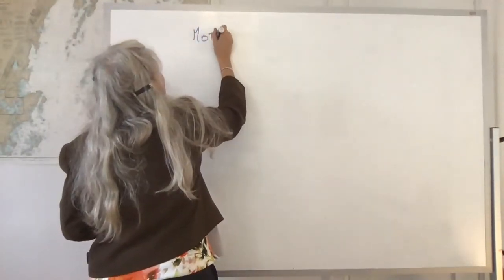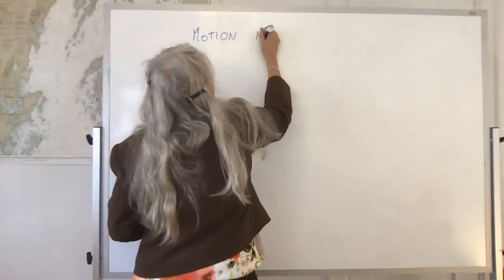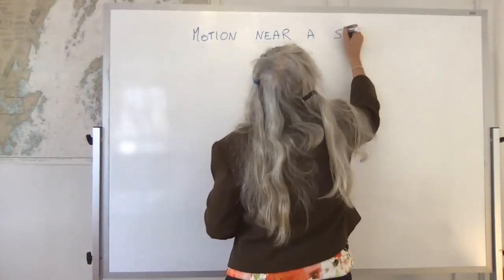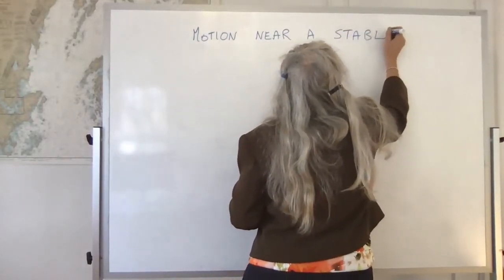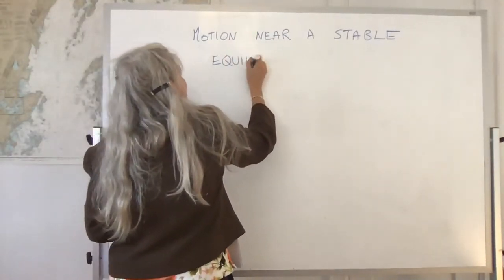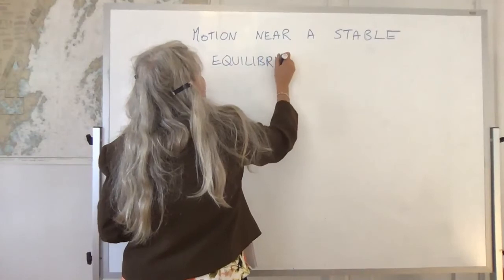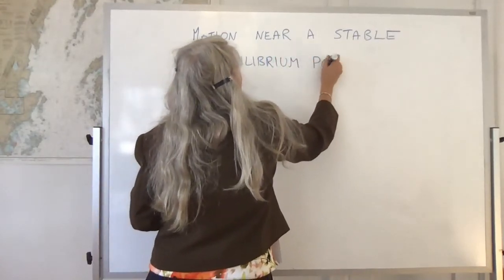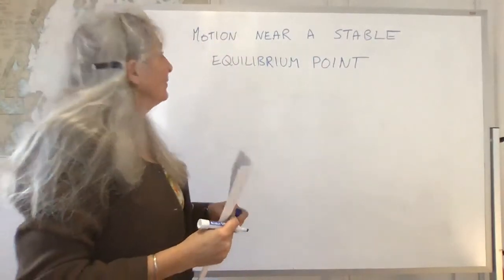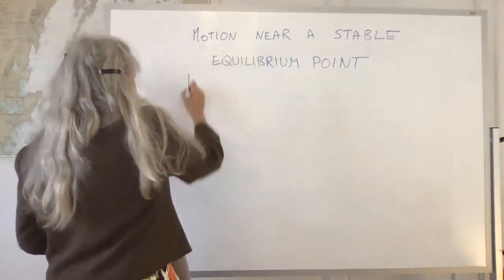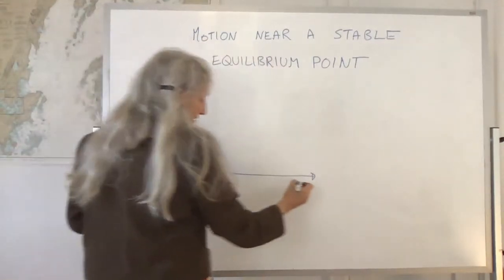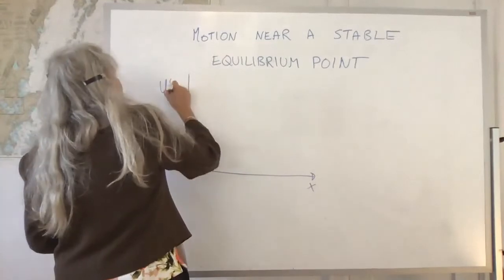So let's talk about motion near a stable equilibrium. Okay, so yeah, let's do that. I'm going to talk about potential in a single dimension.